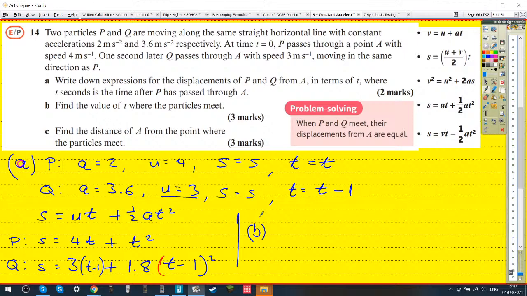How do we know when the particles meet? What do you know about the particles at the point where they meet? They're moving in the same direction. Okay. In terms of our equations, anything we can use?